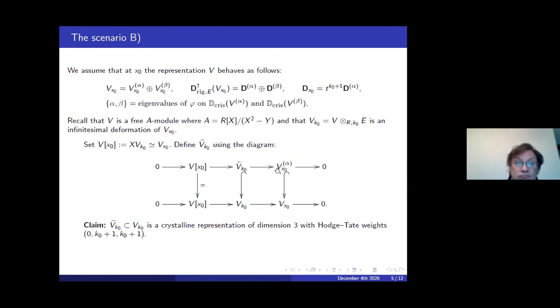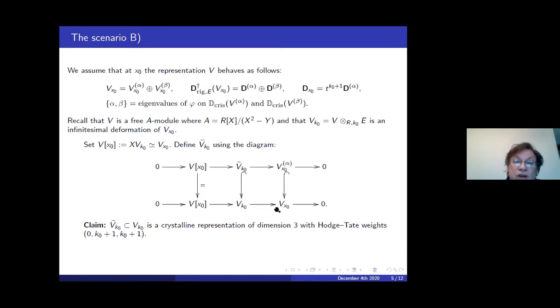So the kernel is the same, and we have this tautological diagram. This means that we don't need to study the infinitesimal deformation of the whole Vx0.